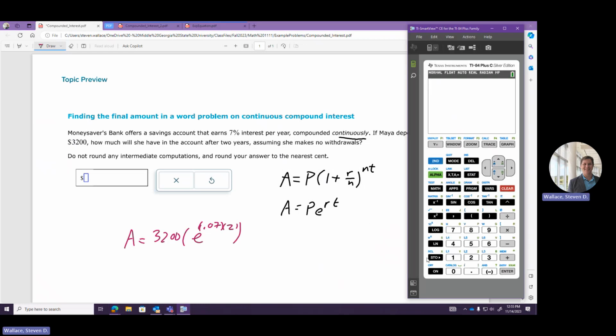So we would go 3,200 e to the power 0.07 times 2, and you get the answer, and you round to the nearest penny.